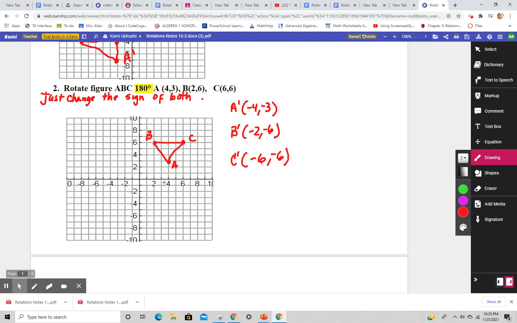All right, let's plot those points. A prime is located at -4, -3. B prime is located at -2, -6. And C prime is located at -6, -6.